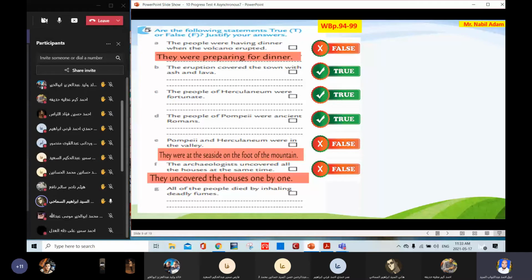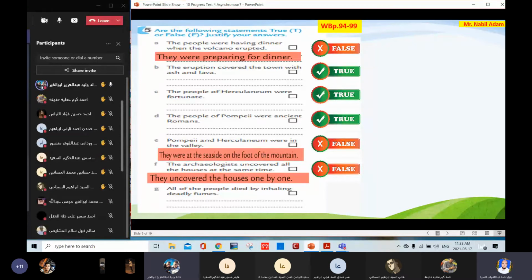هل كل الناس ماتوا بسبب استنشاق العوادم المميتة أو السامة؟ All of the people died by inhaling deadly fumes. True or false? Khaled Walid. False. Corrected.